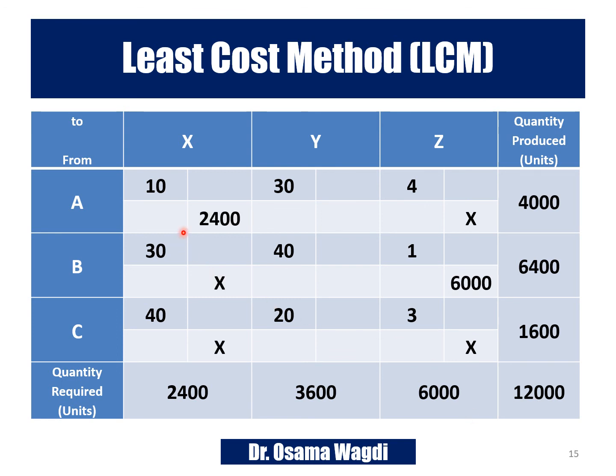and choose the next small number of cost, which is 10, and make the comparison between quantity required and quantity produced and choose the least number. Of course, I'm going to choose the 2400. Then I will subtract it from 4000. It remains 1600.